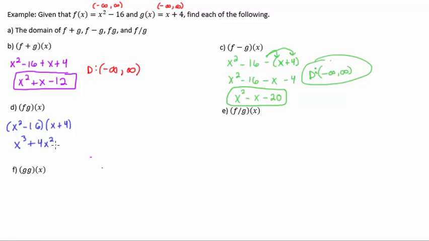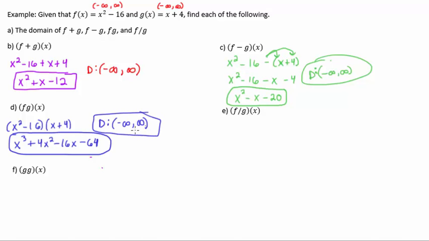Inner is negative 16 times x. And last is negative 16 times 4, which is negative 64. Check and see if there's any like terms to add, and in this case they're not, which means this is f times g of x. Our domain is going to be negative infinity to positive infinity because we don't have any square roots or fractions.